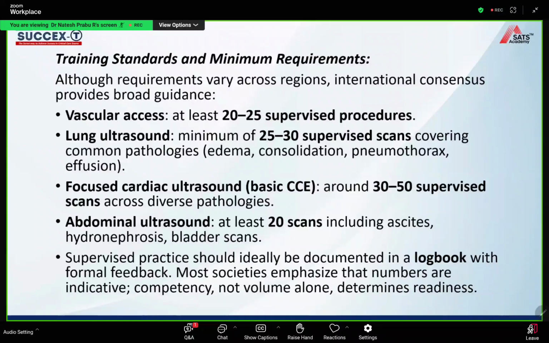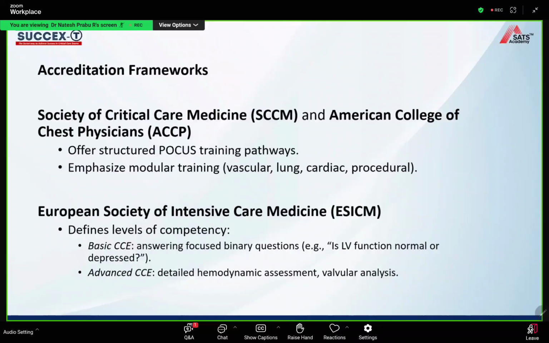For cardiac ultrasound, around 30 to 50 supervised scans across diverse pathologies. For abdominal ultrasound, at least 20 scans, including ascites, hydronephrosis, and bladder scans. This supervised practice should ideally be documented in a logbook with formal feedback. Most societies emphasize that numbers are indicative. Competency, not volume alone, determines readiness.